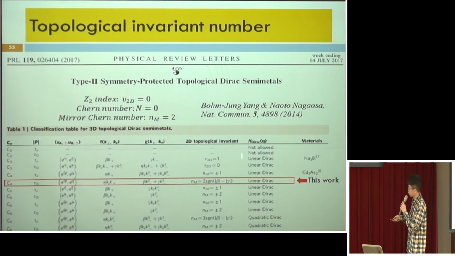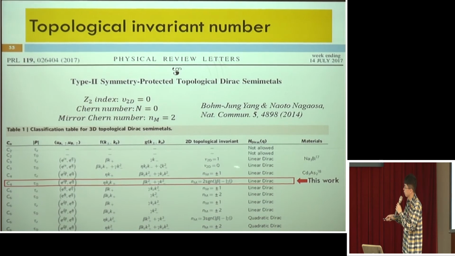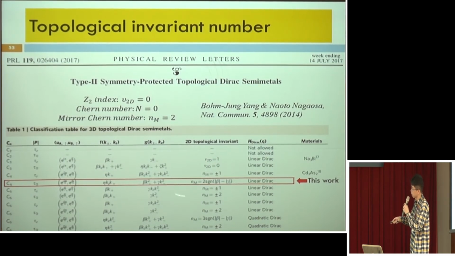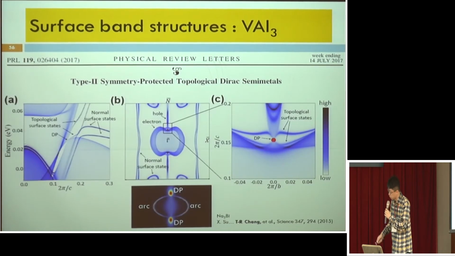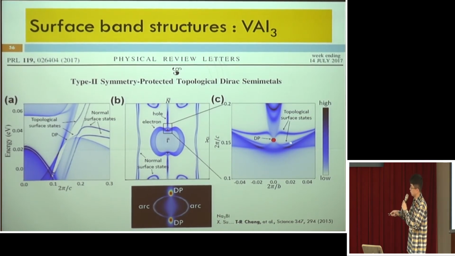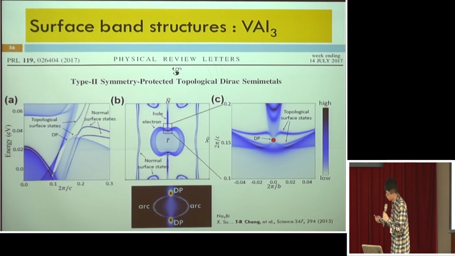According to this classification table, our system is distinct from Cd3As2 and Na3Bi. In those two systems, the topological invariant is Z2 equal to 1 or the Chern number equal to 1. In our case, the Chern number equals 2, so the Fermi arcs are two pairs. Na3Bi has one pair of Fermi arcs, but in our case there are two pairs, consistent with the topological invariant number.